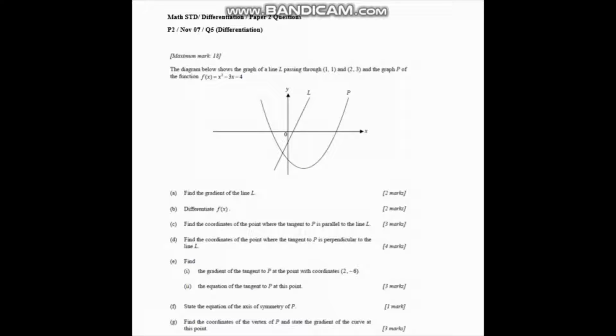In order to find the coordinates of the vertex, I already know that x equals 3 over 2, so I just need to plug 3 over 2 into the equation of the curve in order to find the y value.